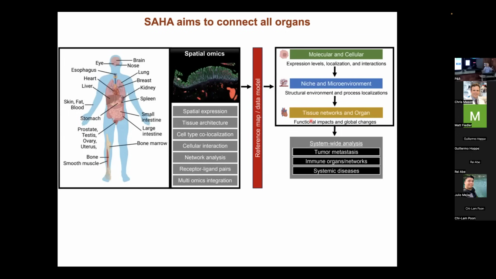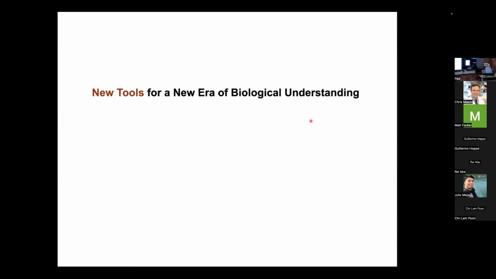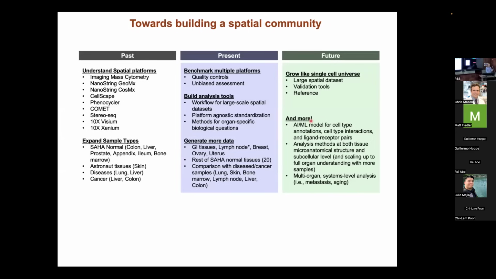And you link these together to develop a really detailed map of the microenvironment in that tissue, in the case that we're looking at in normal tissues, but with the goal, obviously, to extend this to disease as we move forward.